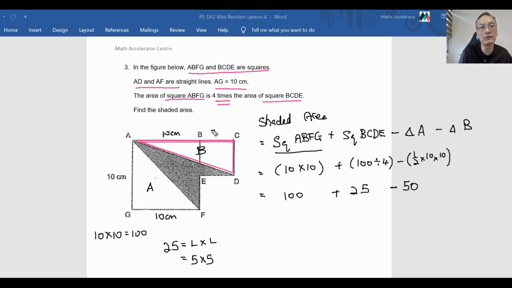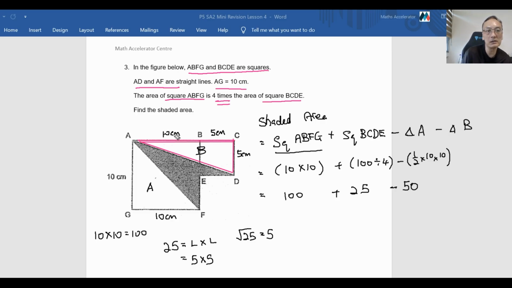So we can write here 5 cm. Another way to find 5 cm is you have a square root function on your calculator. You can press 25 square root, and you will also get 5. Right. So there are two ways to calculate the side of a square given the area.